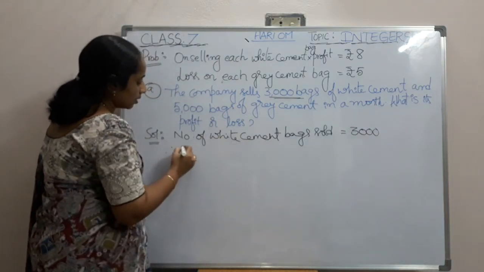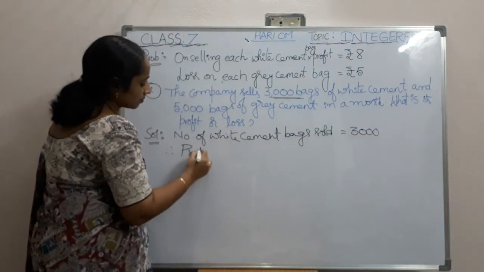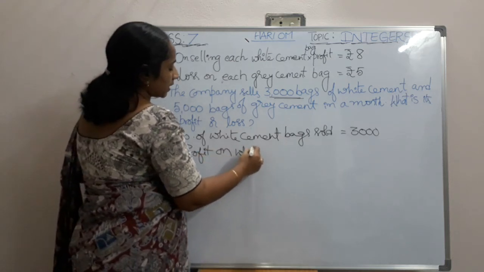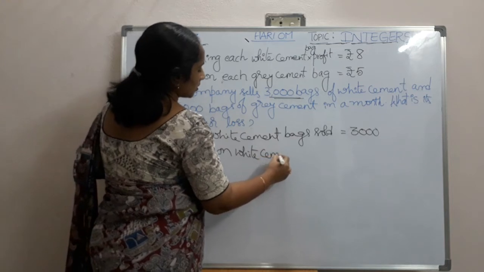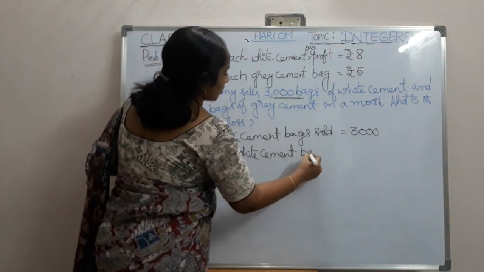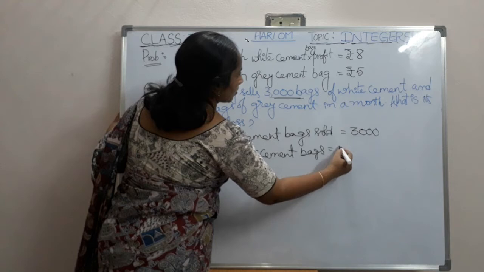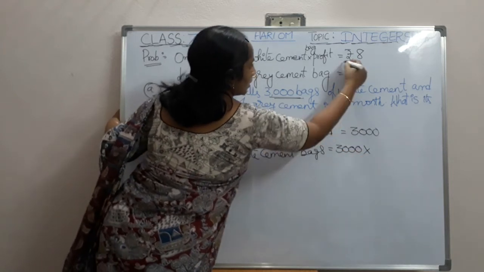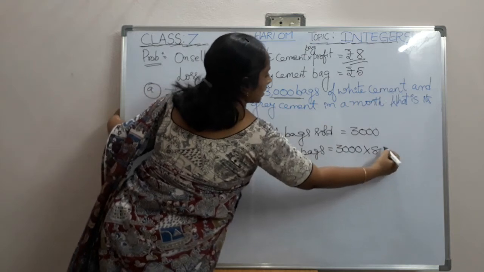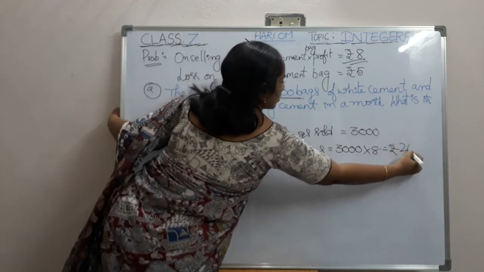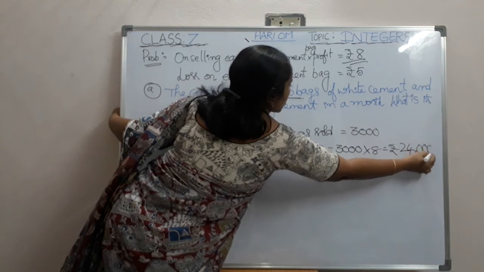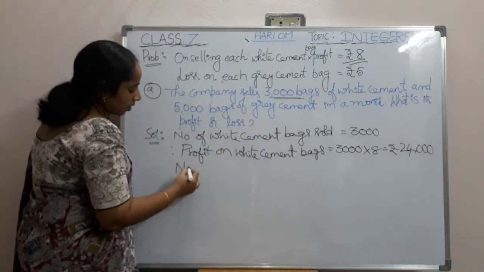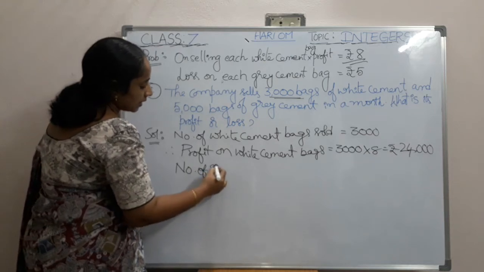Therefore, profit on white cement bags is equal to 3000 into 8 rupees. It is 24,000.